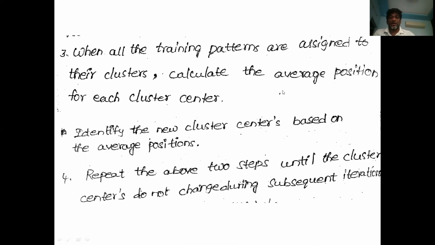When all the training patterns are assigned to their clusters, we calculate the average position for each cluster center, and once this average position is calculated, we identify the new cluster center which is nearest to this average position. We repeat the process until the cluster centers do not change in the subsequent iteration. So this is how we can calculate the centers for your RBF neural network, right?